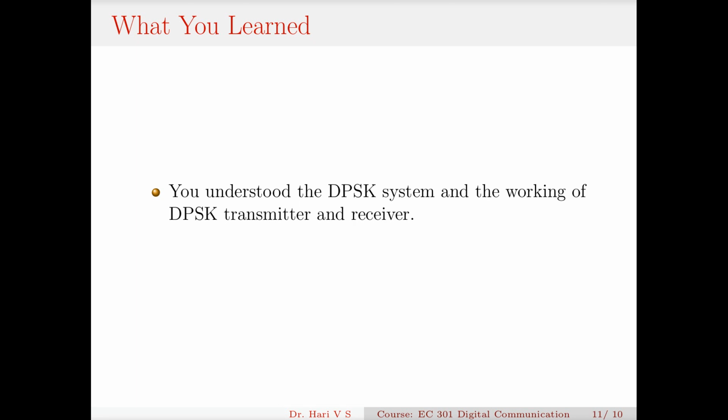One is binary phase shift keying, and the other is quadrature phase shift keying. Quadrature phase shift keying, that is a variation of the BPSK. And we understood the probability of error, the transmitter, receiver, etc. I told you the demos in Python and LabVIEW.